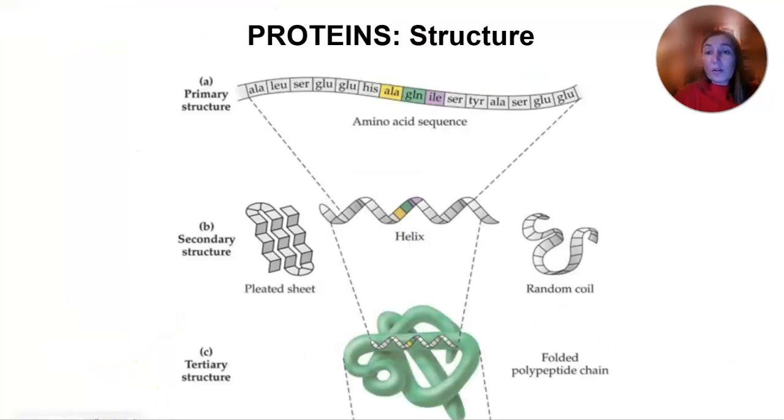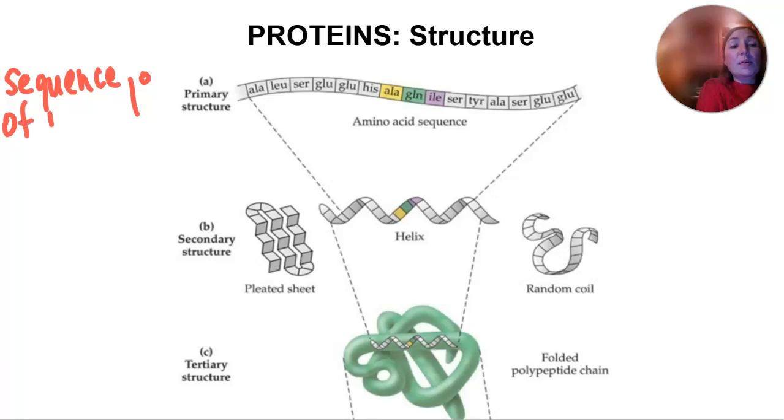Okay, so more on protein structure. Again, primary structure, sometimes we abbreviate that with 1 degree. We don't really say it that way, but we abbreviate it that way. Primary structure is really the sequence or the order of amino acids, AA always for amino acids, in a protein.